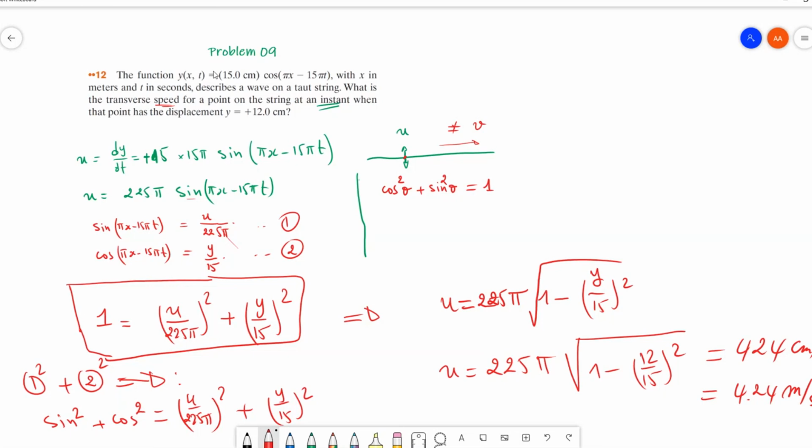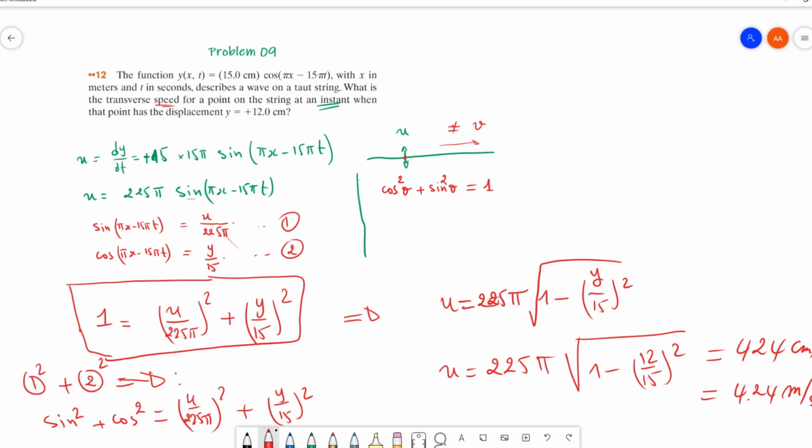You need to say, since this is valid for any x, I will take x equal to 0 and solve it. It is possible to do that, and it will lead you to the answer, but it will be a little bit more difficult and not very clean. But if you can do it in the exam, no problem. But here it's the simplest and the easiest way.